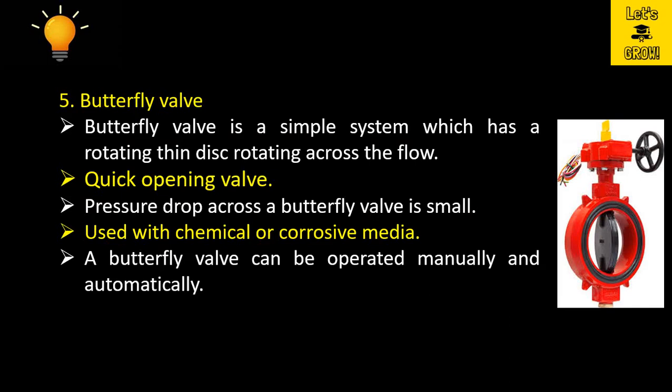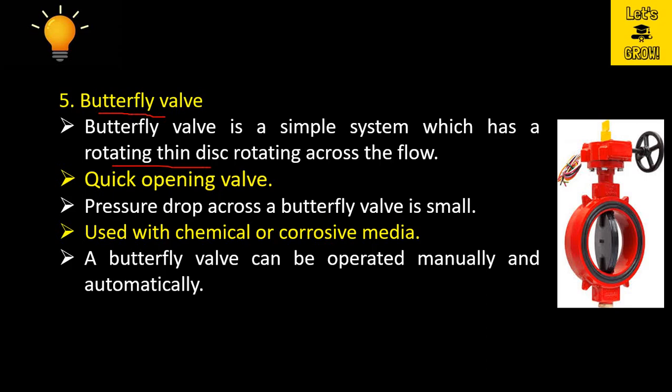Now another valve is the butterfly valve. This butterfly valve is a simple system which has a rotating thin disc which rotates across the flow, correct? So here you can see this rotating thin disc.